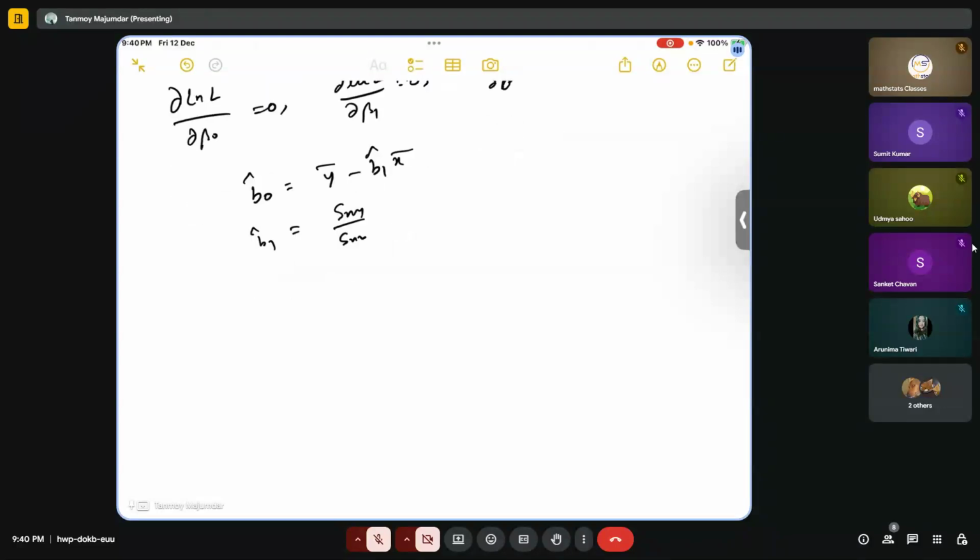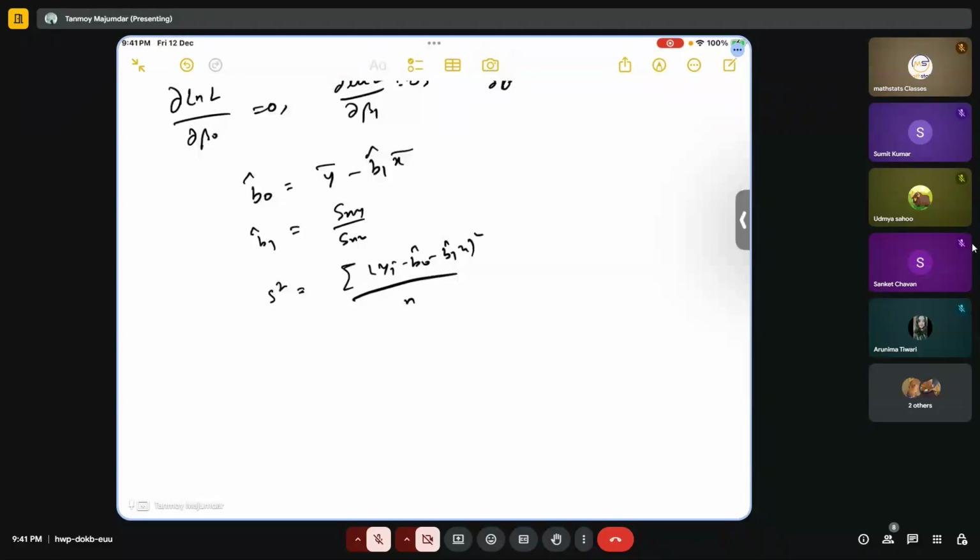Previously we have already solved some derivatives to find the OLS estimators of b naught and b1. We can also find s square: s square will be the sum over (yi minus b naught hat minus b1 hat xi) whole square, divided by n. That term will be our s square.